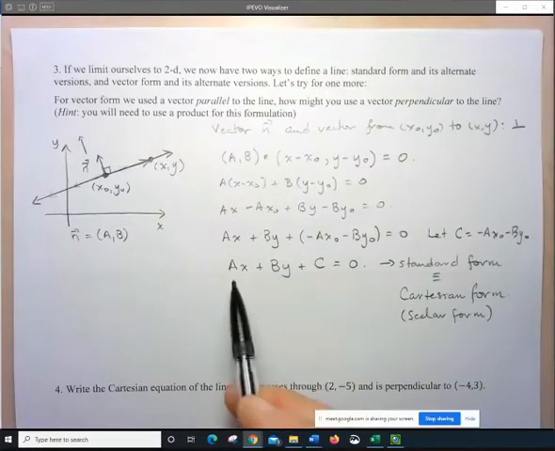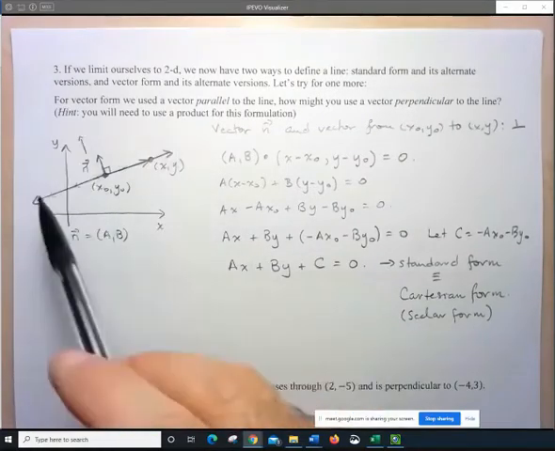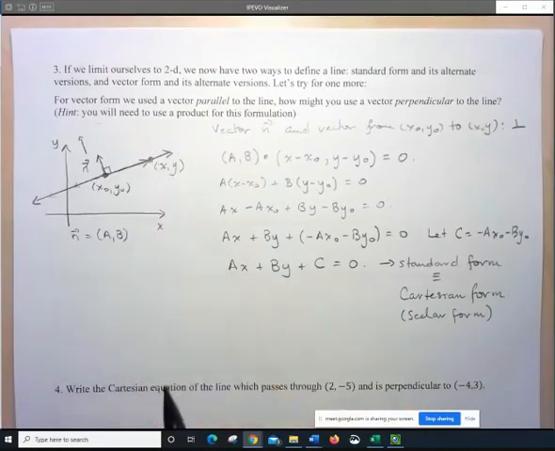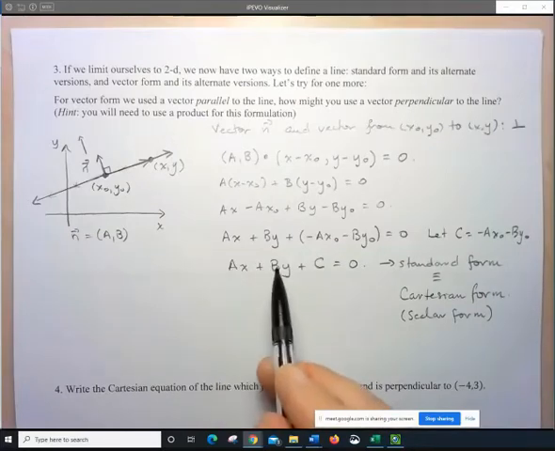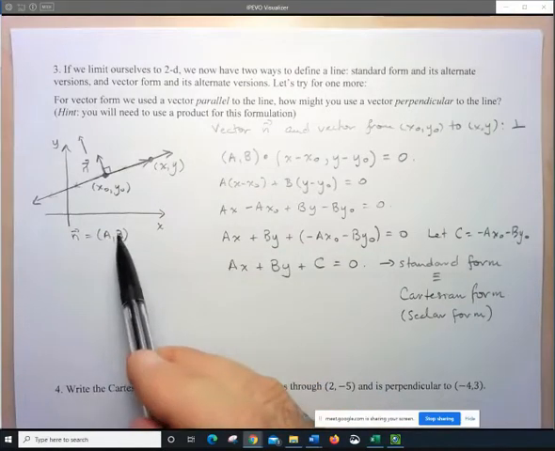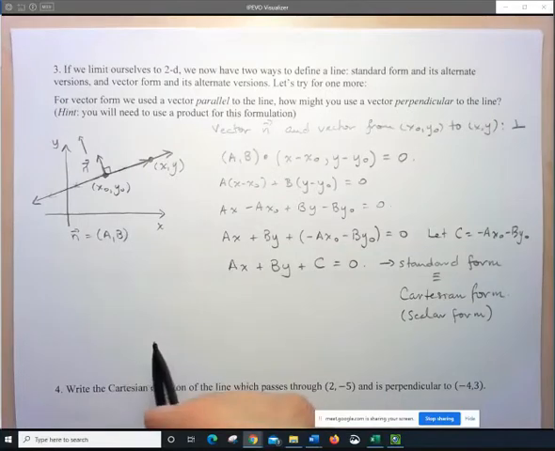There's a couple of these letters that now represent something very specific. Which two letters represent something specific about this line? There you go. A and B, the coefficients of x and y, represent the components of the normal vector.